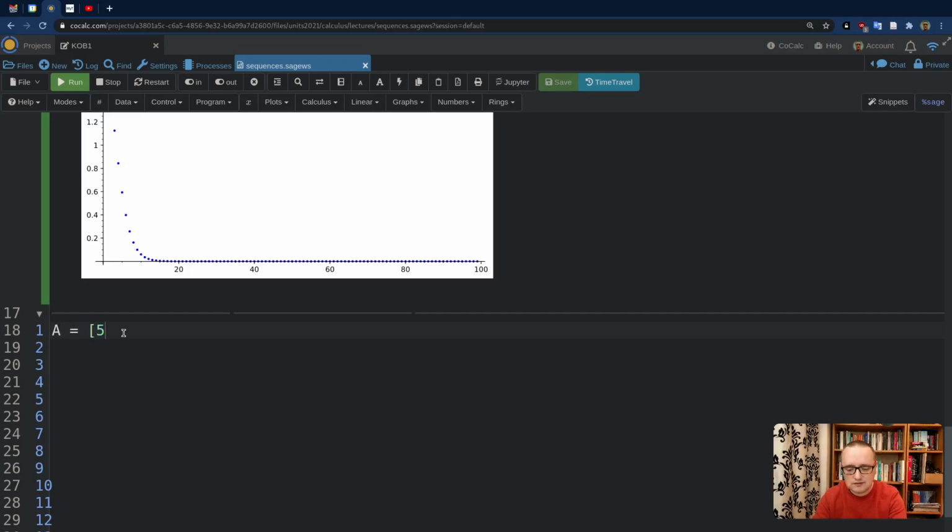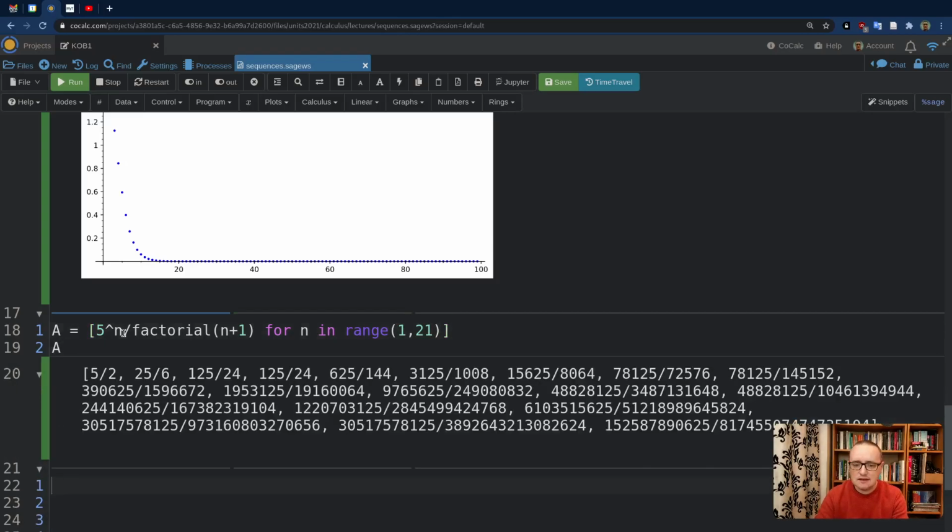So we want to look at 5 to the power n divided by factorial of n. That's how you write it out in Sage. And we want to look at these elements for n in the range, let's just go 1 to 20. Here's our sequence of elements A, and let's just plot them.